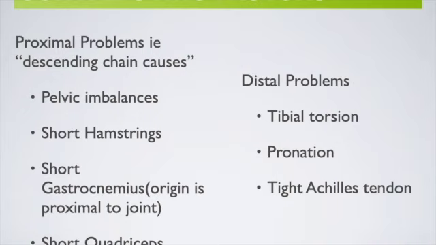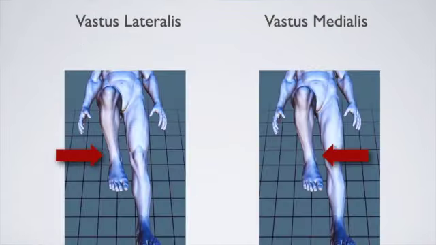So you can have problems with pelvic muscles, which we call descending chain problems, involving hamstrings, gastroc, and quads. You can have distal problems, coming up from excessive pronation, tight Achilles, tibial torsion, which is more of an anatomical variant. All of these can contribute to the problem.